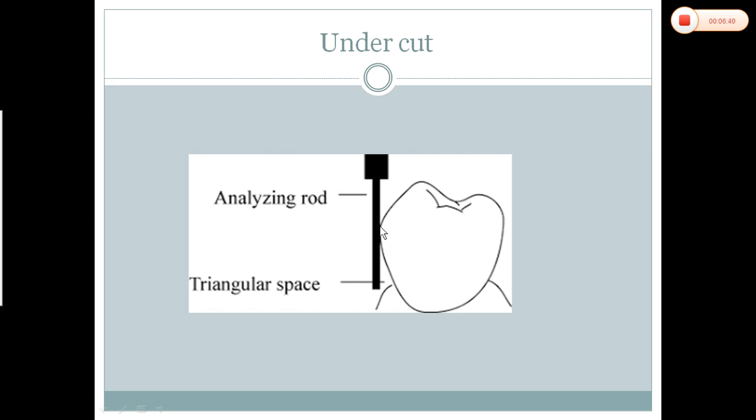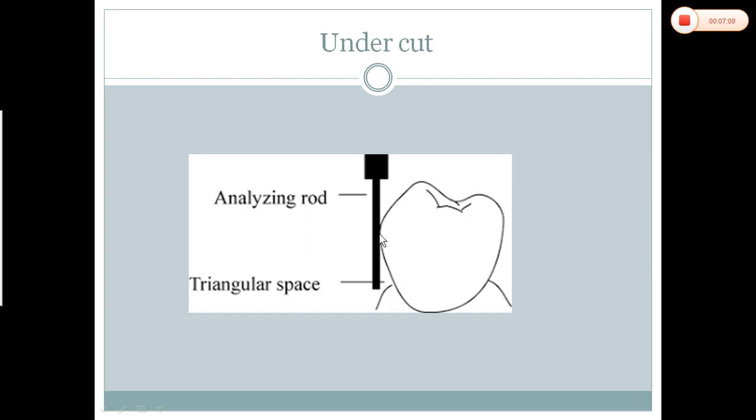With the help of an instrument known as a dental surveyor, which will be discussed in further classes, when you survey the tooth, the area of greater diameter will be identified. The portion of the tooth above it is known as the suprabulge area.